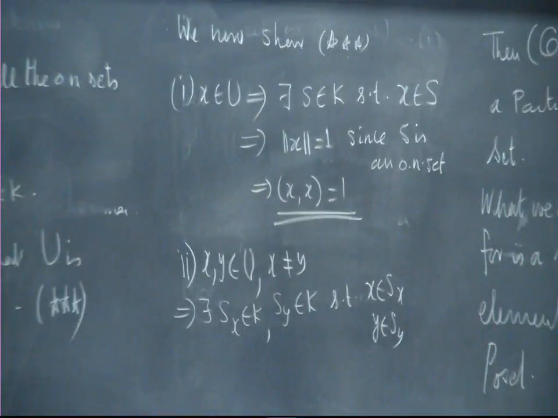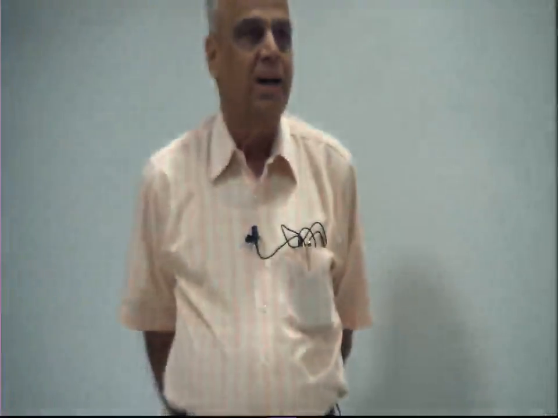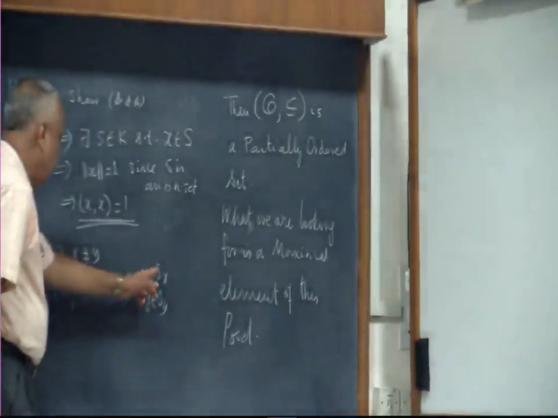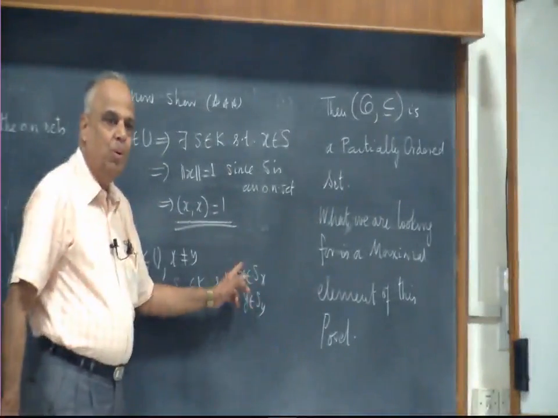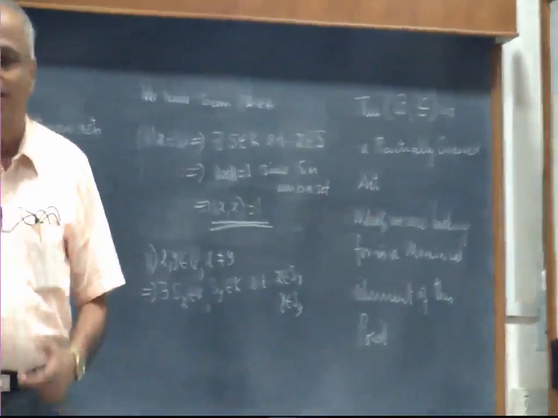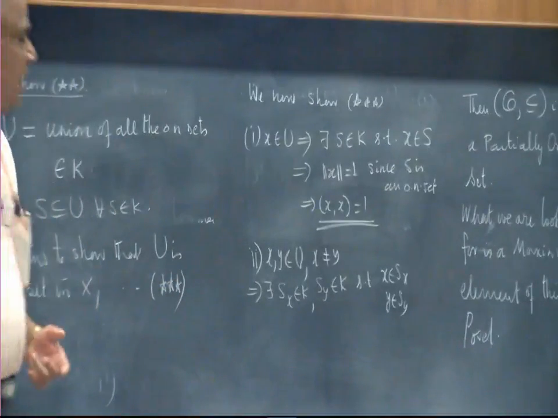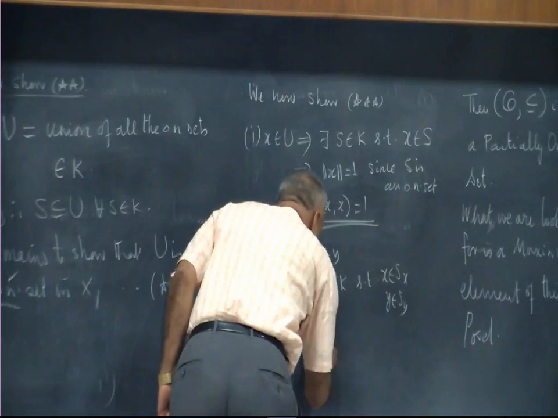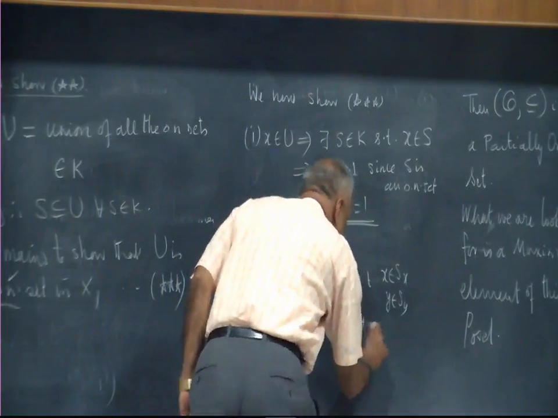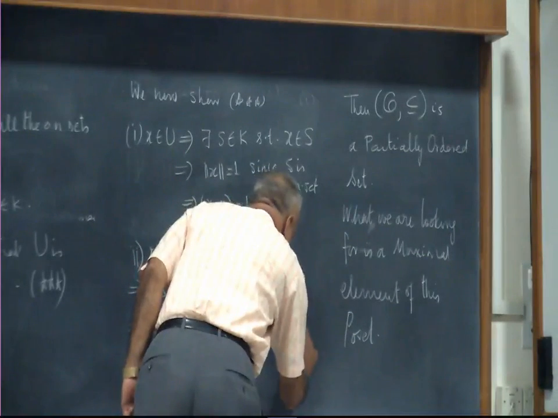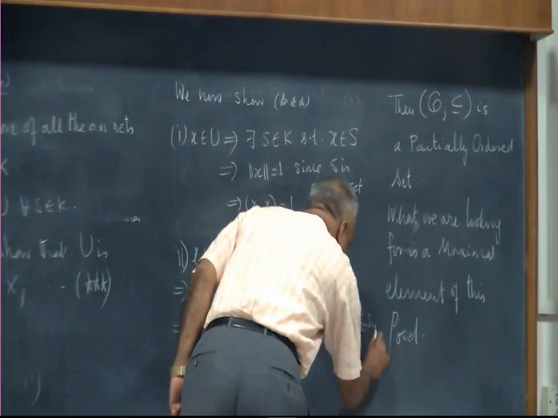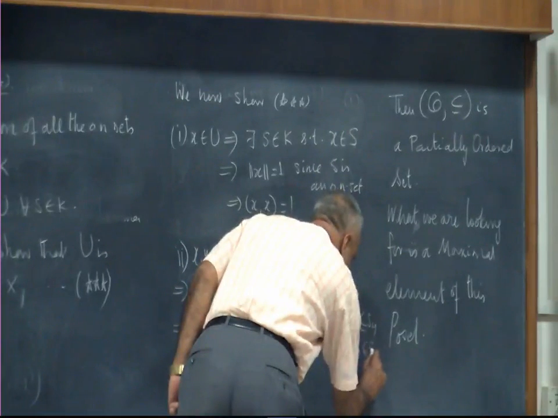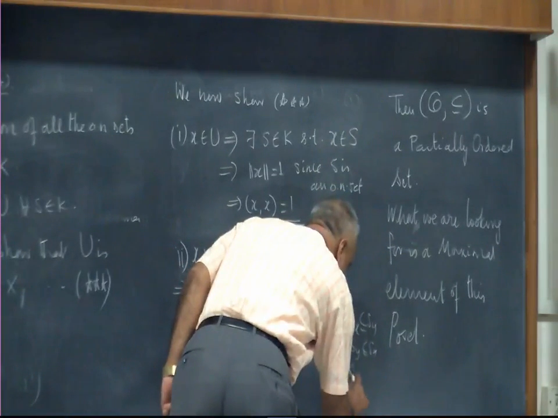Now, Sx and Sy are in K. K is a chain. Now comes the chain. And therefore, either Sx is contained in Sy or Sy is contained in Sx. If Sx is contained in Sy, both x and y are in Sy. If Sy is contained in Sx, both are in Sx. This implies x and y belong to the same orthonormal set, since K is a chain.